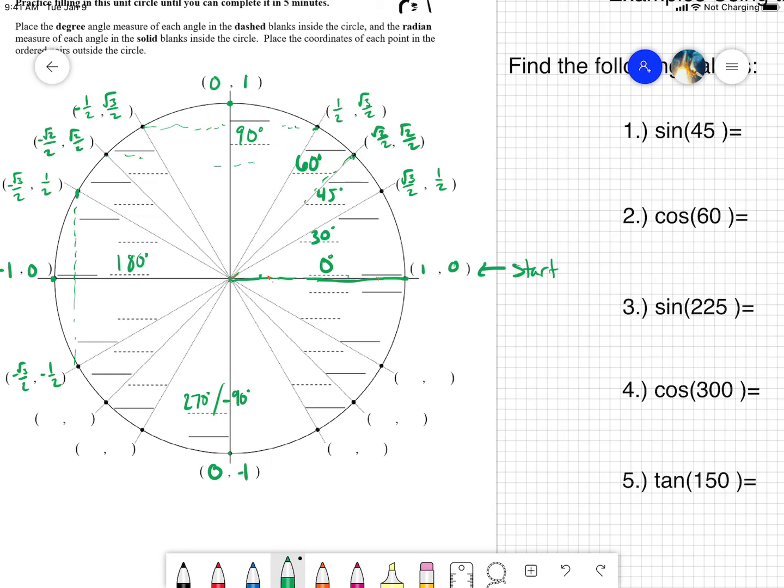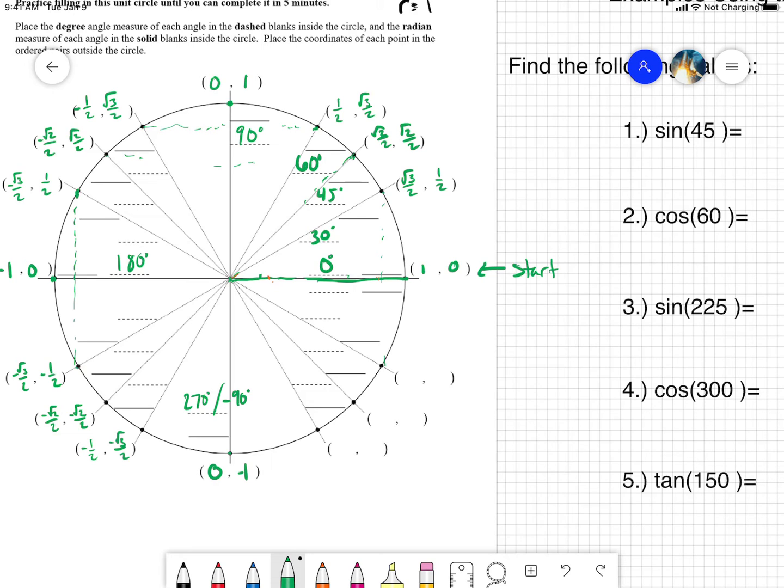Okay? And it's going to be the same thing for each of these. And then you can think about reflecting either these points down here to get these ones, or these ones across to get them.